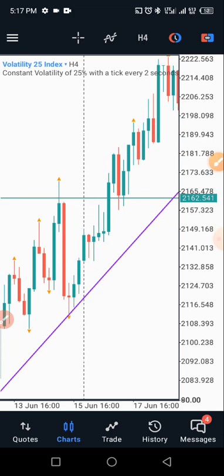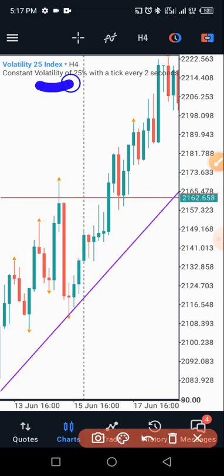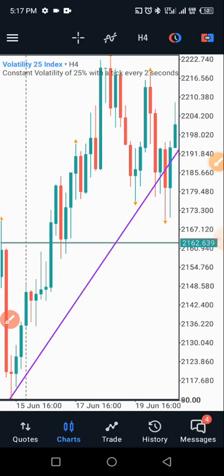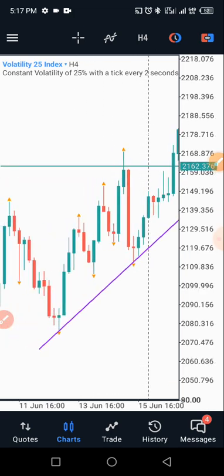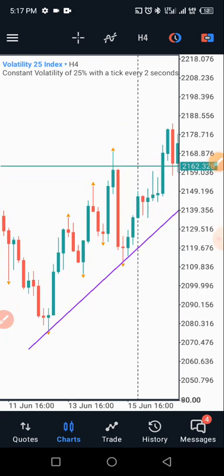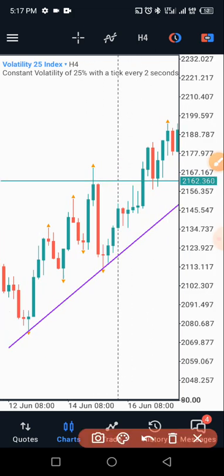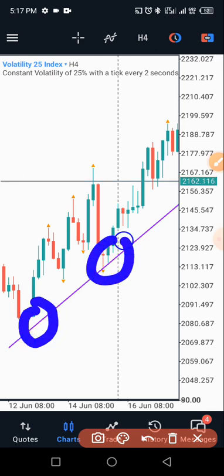On the volatility 24 index here on the 4-hour time frame, you can see that we have a perfect uptrend. If you look at this uptrend, you'll notice that the market created the first touch here, and then the market created a second touch.